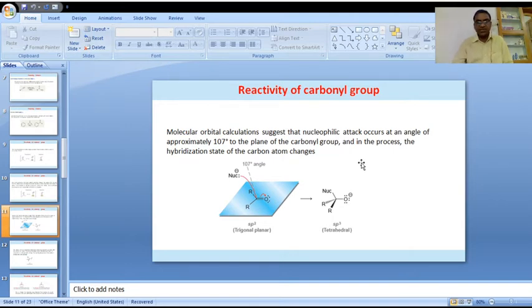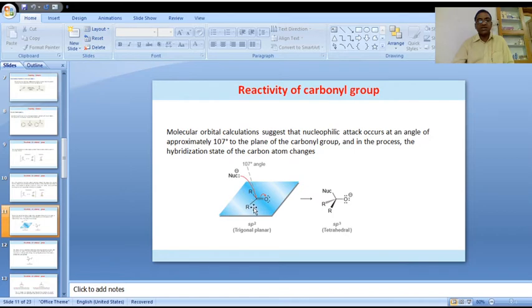The carbonyl group is arranged in a planar manner, and in this planar arrangement, the nucleophile attacks at a 107 degree angle. Here, the carbonyl functional group consists of two alkyl groups and C double bond O.